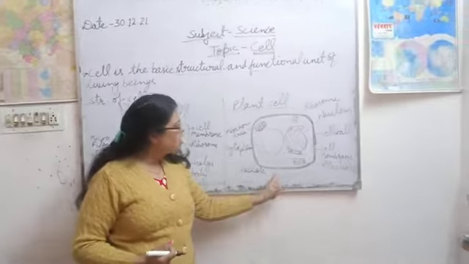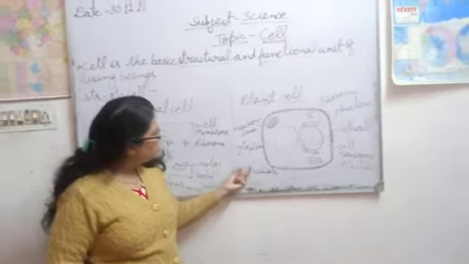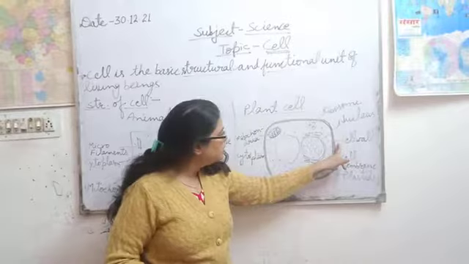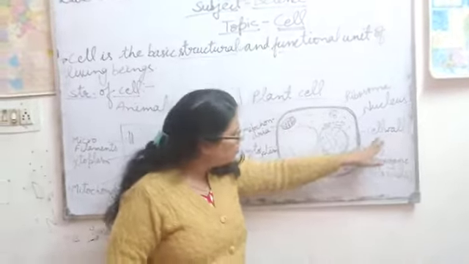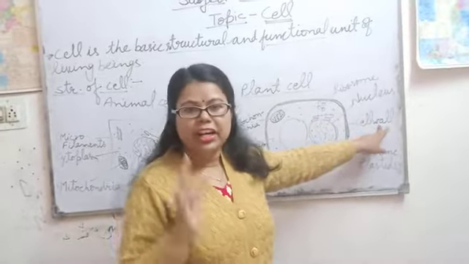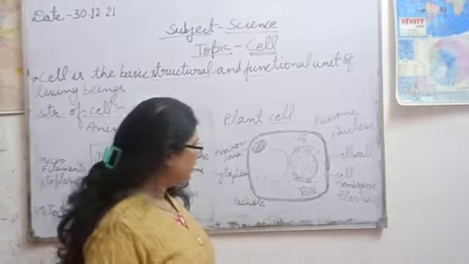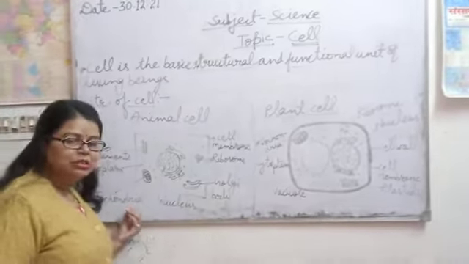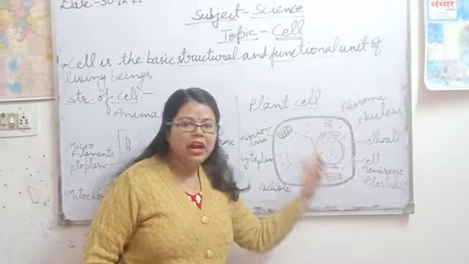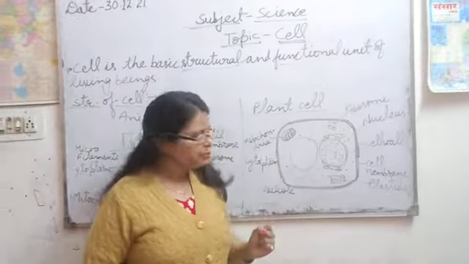A plant cell always has a thick structure surrounding the cell membrane. That thick structure is called the cell wall. That cell wall is made by the cytoplasm and gives strength to the plant cell. Now in the cytoplasm of animal cells as well as plant cells, there are so many cell organelles present.